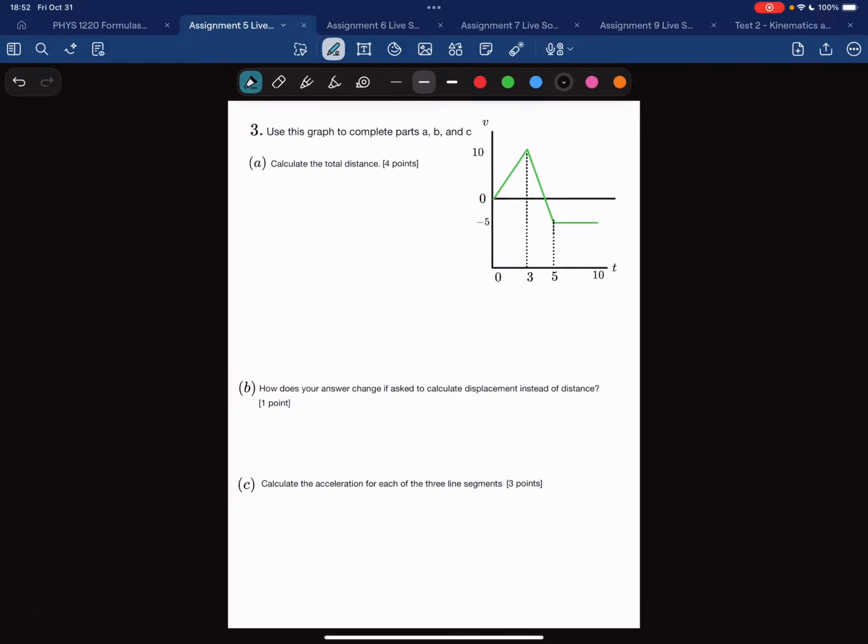Question 3. Calculate the total distance from this graph here. Now, something I did not notice until I went to start marking is that I forgot to give you guys a numerical value for where this line intersects 0 here. To me, it looks like about 1/3 or 1/4 of the way.